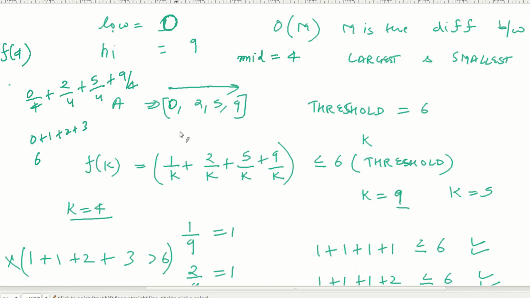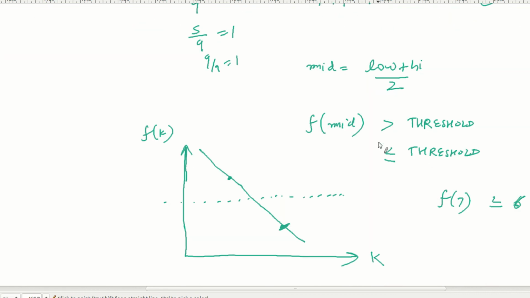So now I will do high equal to mid minus 1. Mid is 4, low was 0. So high equal to mid minus 1, so high will now become 3. So I am now searching for a number between 0 and 3.